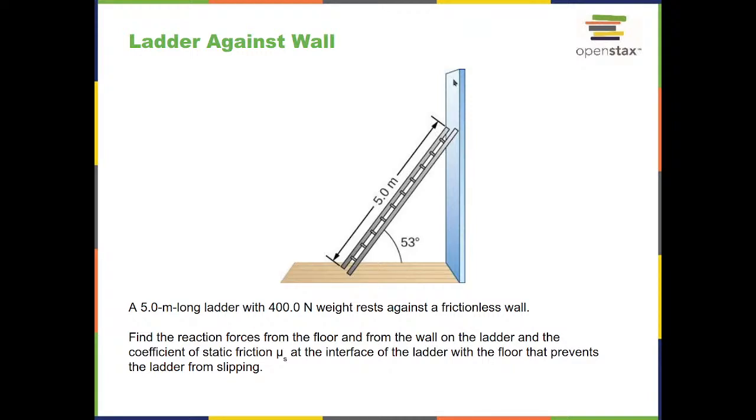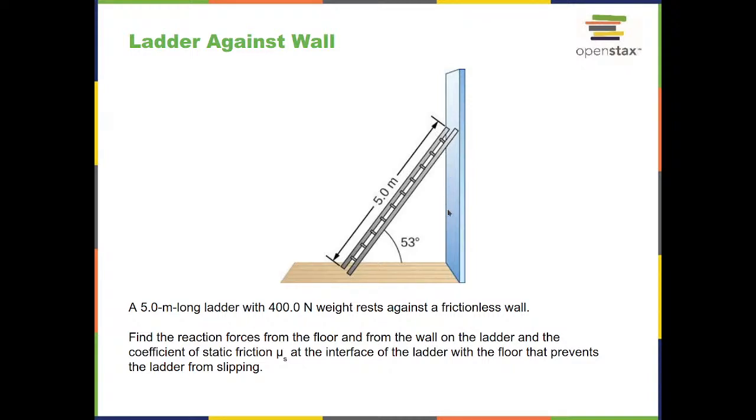Let's imagine that the wall is frictionless, so the wall is not going to help keep this ladder up. The wall is just there to provide a force normal to the wall. It's not going to provide any forces along the wall that keep the ladder from sliding down.